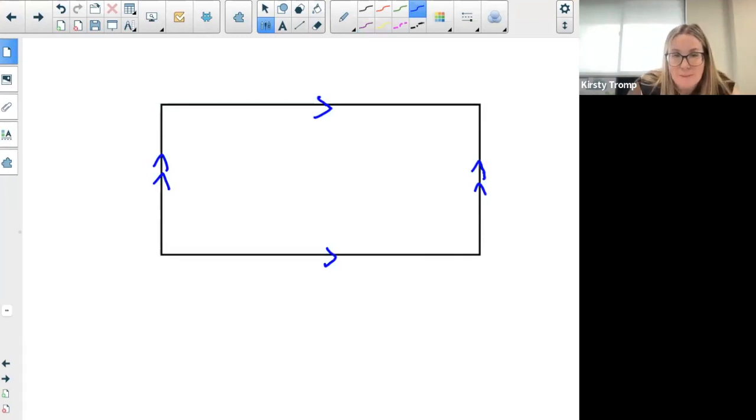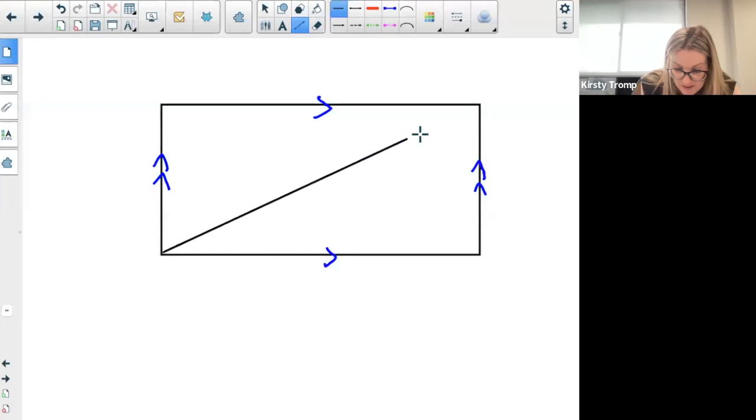So there are my parallel lines. Then we had to show the diagonals. What are diagonals? Diagonals are the lines that go from one angle to the other angle. So here are my diagonals.